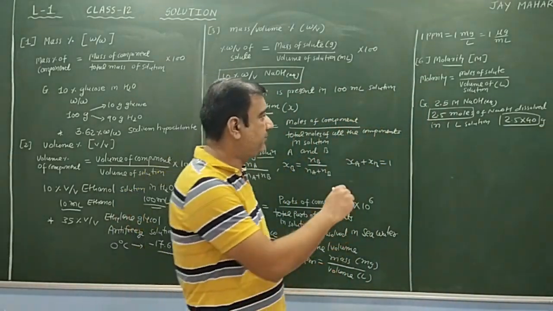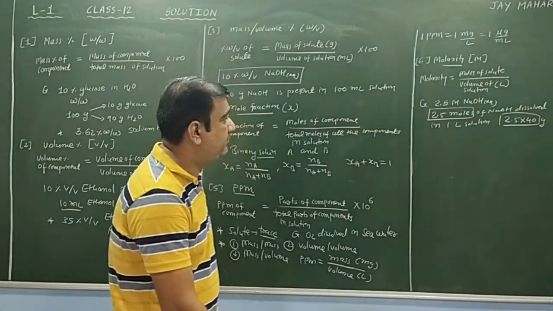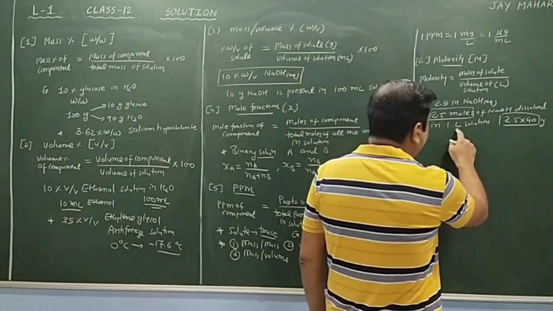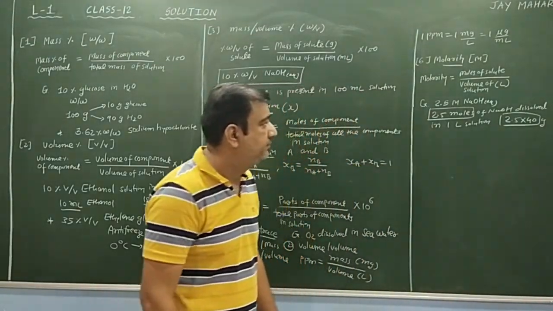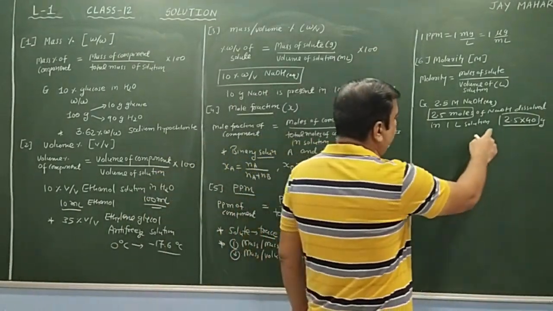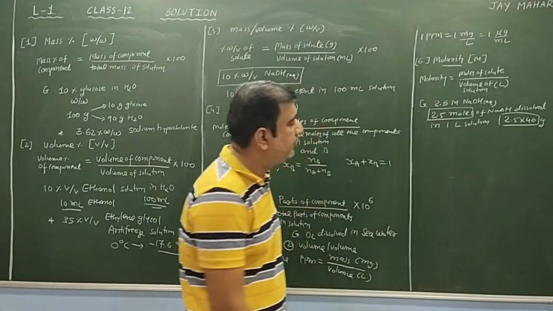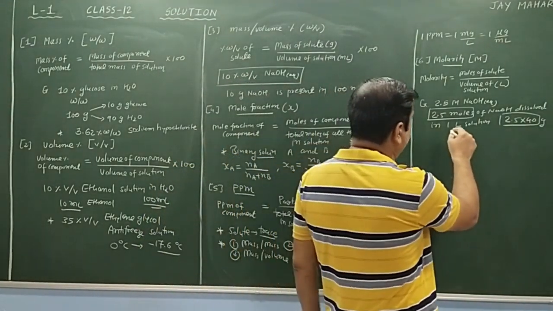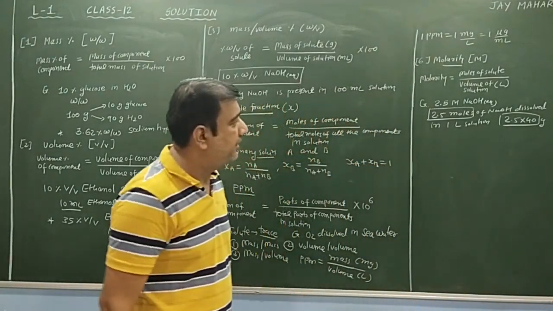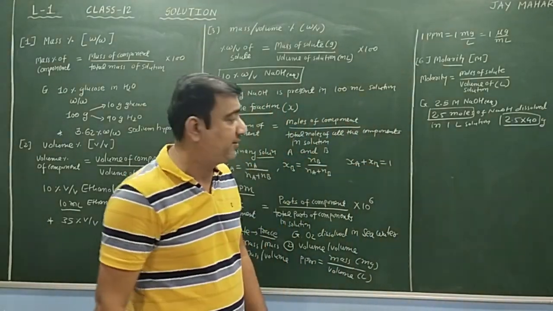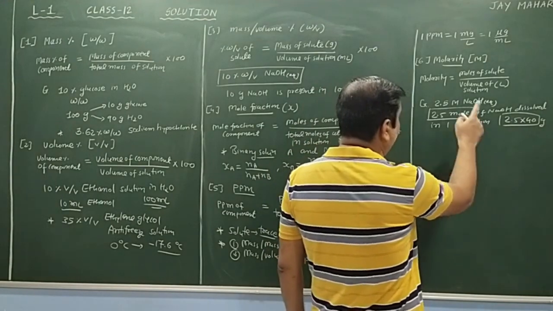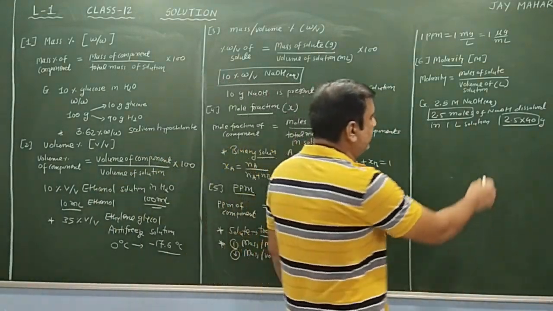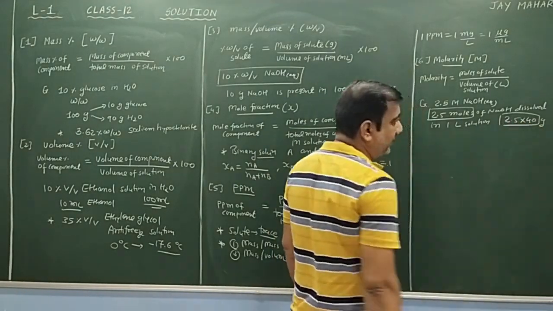That means 2.5 into 40, that is 10 gram. 10 gram NaOH is dissolved in 1 liter solution. That is, moles into molar mass.